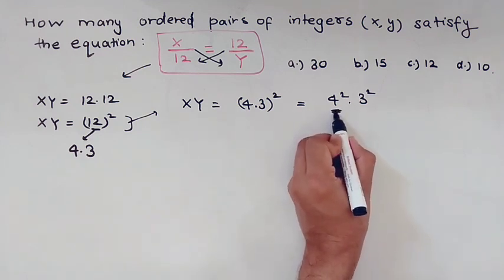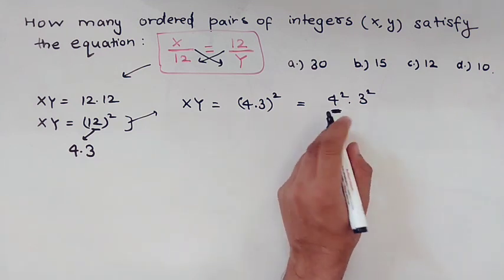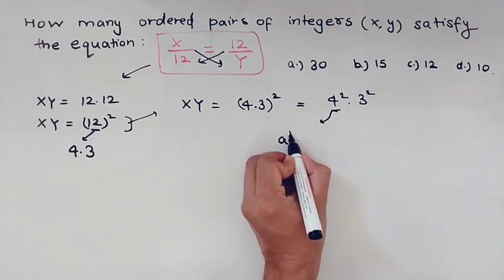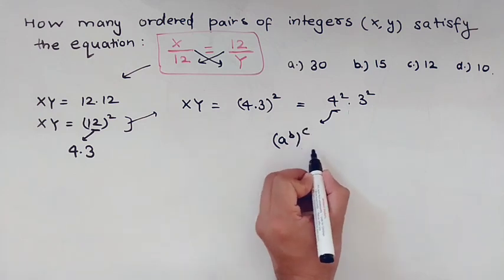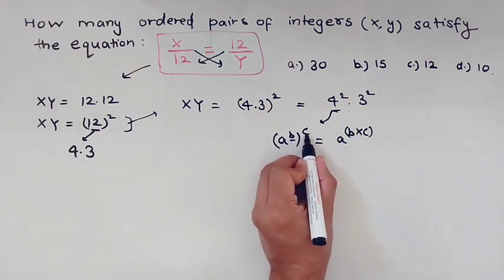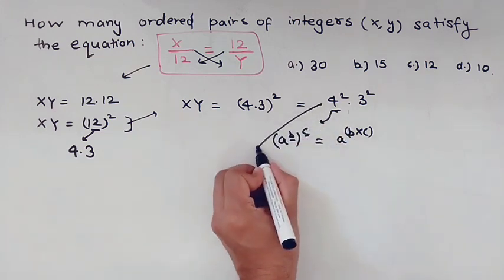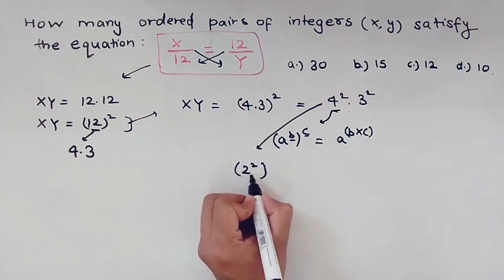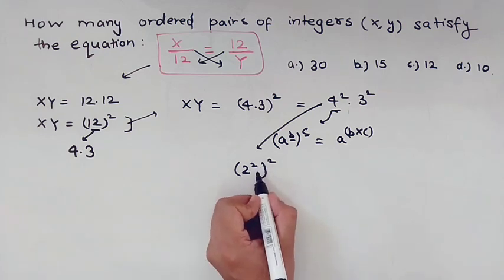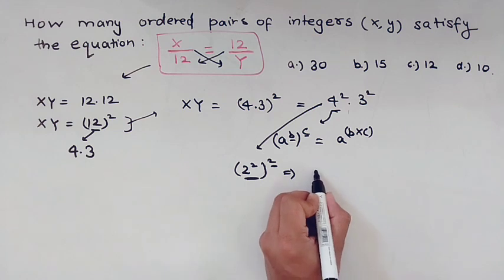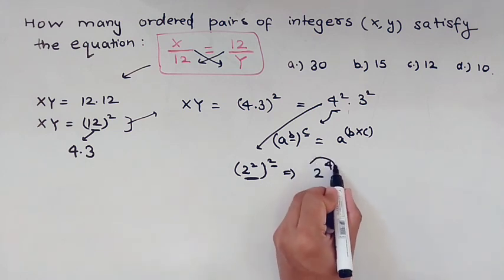Again we have applied a different identity, that states that a raised to the power b, raised to the power c, equals a raised to the power b into c. So just multiplying b and c. For this we have 2 raised to the power 2, again raised to the power 2. So this is 4 squared, which we can write in the form of 2 raised to the power 4.